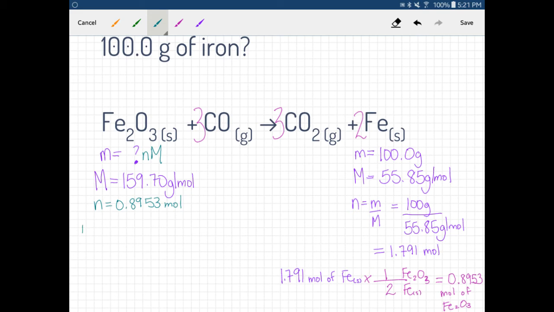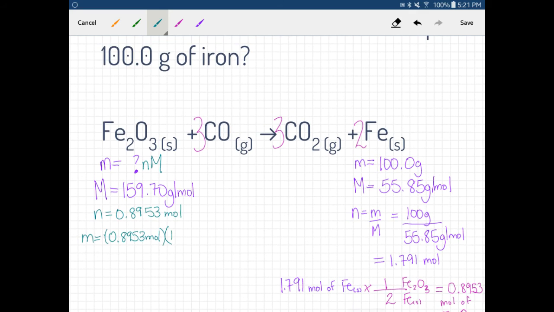And my mass is equal to my moles times my molar mass, which is equal to 0.8953 moles times my molar mass, which is 159.70 grams per mole. I solve this to be a mass of 143.0 grams.